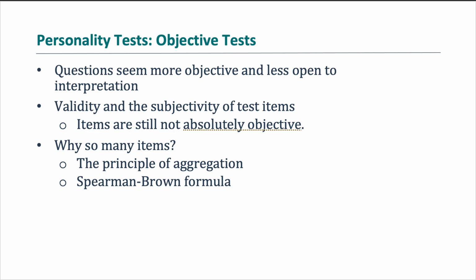Now, the other type of test is objective tests. And objective tests are going to be, well, what it says, objective. They're going to be more objective and less open to interpretation than the Inkblot, the Rorschach, and the TAT. So this is going to be more rigid questions.